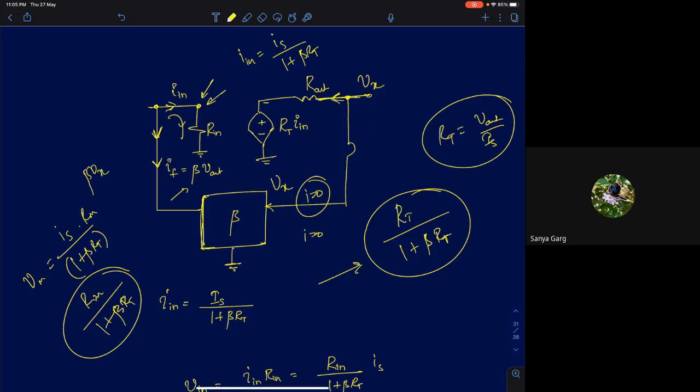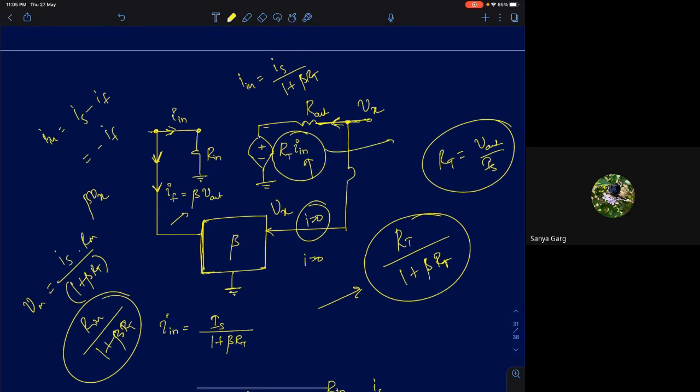If IF is beta times Vx, what is the voltage across Rin? What is In, the input current in terms of IF? See here, In is simply IS minus IF. If IS is 0, In is minus IF, which is minus beta times Vx. So I can write this as RT into minus beta times Vx.